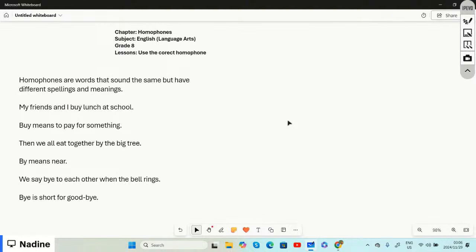All right. So homophones, right? Homophones are words that sound the same, but they have different spelling and the meanings are different.